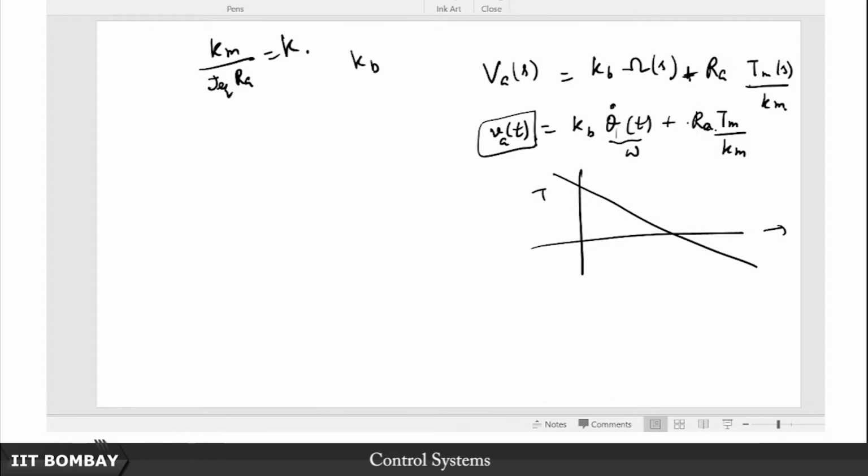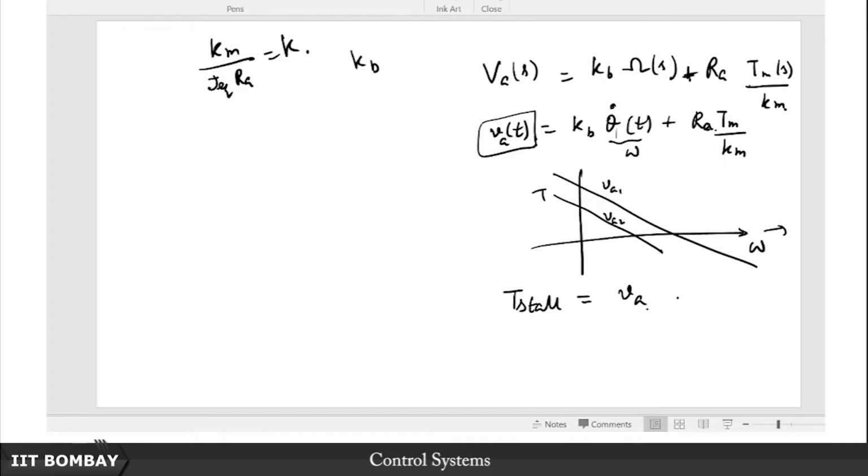From this plot, I get that the T stall, or the stalling torque, is given by VAT. This is a curve for a particular VA. So let's say this is VA1, then you have another, this is VA2. These are speed torque characteristics of the DC machine under consideration.